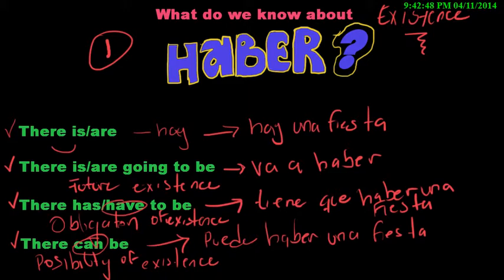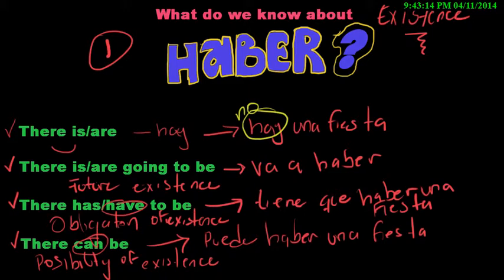Okay, so these are uses of the verb haber. Existence of something. There is a party. Remember that we can do the negative form of this sentence, there's not a party. No hay una fiesta. Okay.